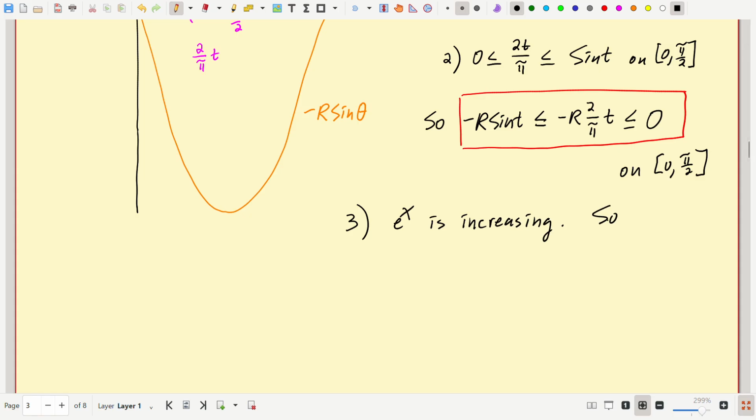So I get that e to the minus r sine t is less than or equal to e to the minus 2r over pi times t. And of course, that's less than or equal to e to the 0, which is 1.